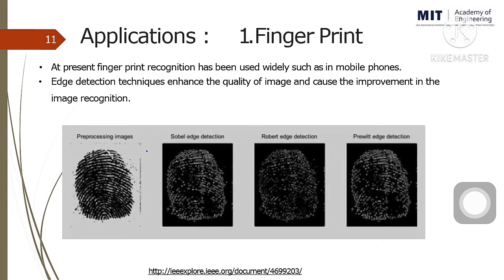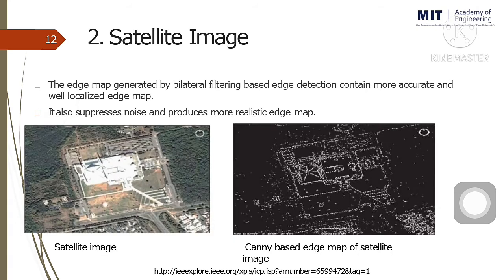The various applications of edge detection. First is fingerprints: the input fingerprint is filtered with the Sobel filter, Roberts filter and Prewitt filter. Second application, satellite images: the captured satellite image is converted into a Canny-based edge map.